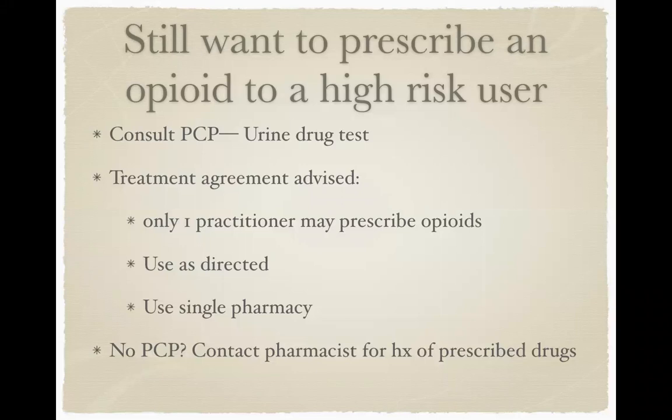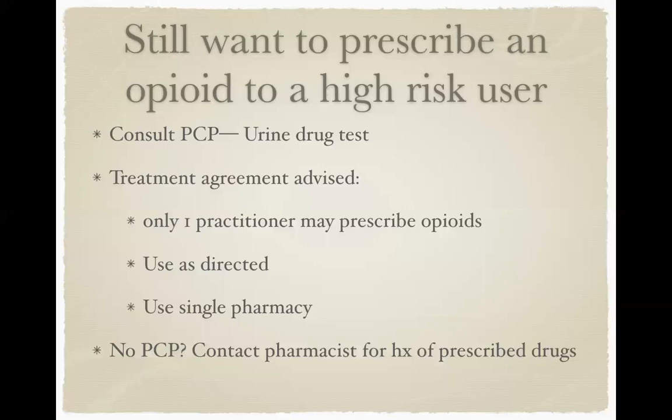The first thing is you should consult the primary care physician before prescribing. The PCP can run a urine drug test to make sure that they're not currently using and abusing these drugs. You can look into doing a treatment agreement, which is basically a written agreement between the practitioner and the patient that sets out terms regarding adherence to the therapy.